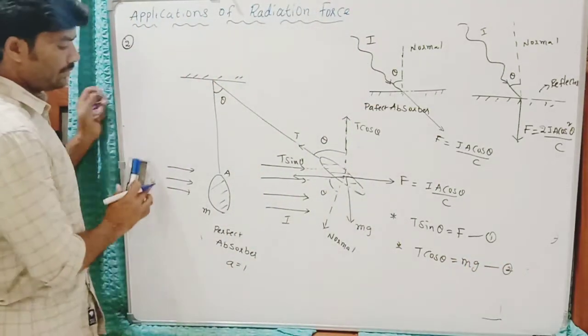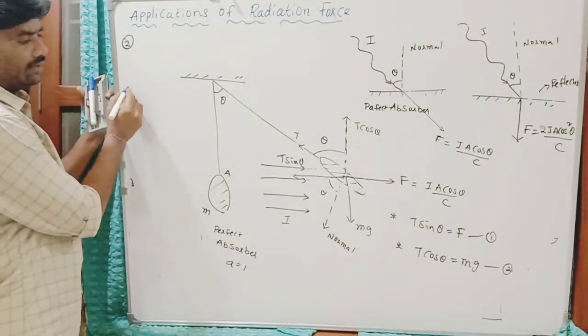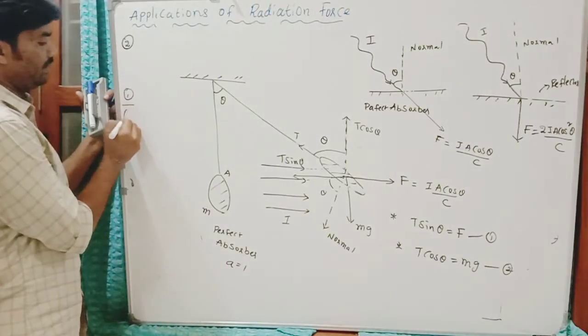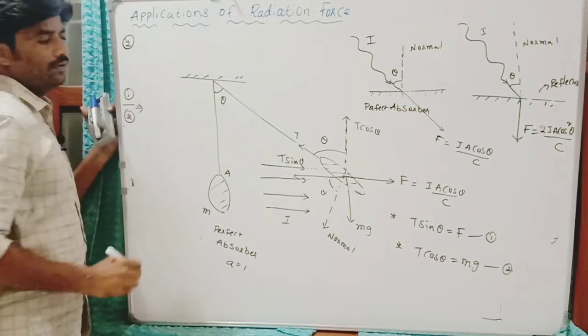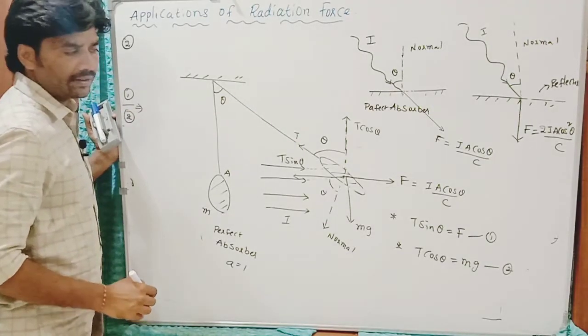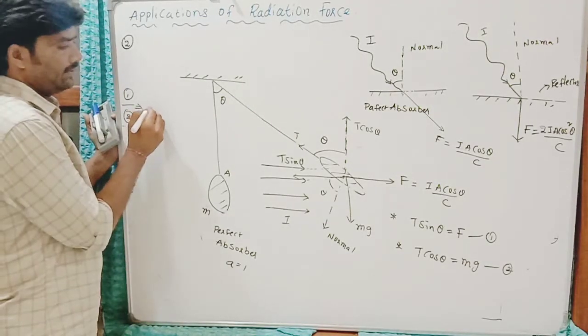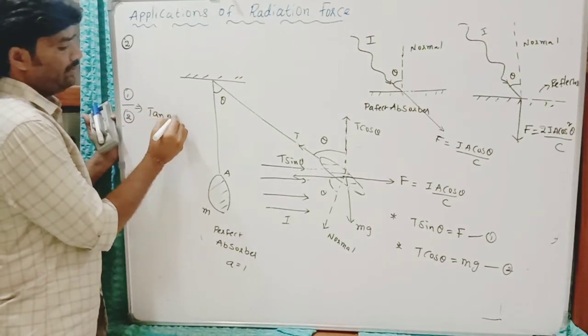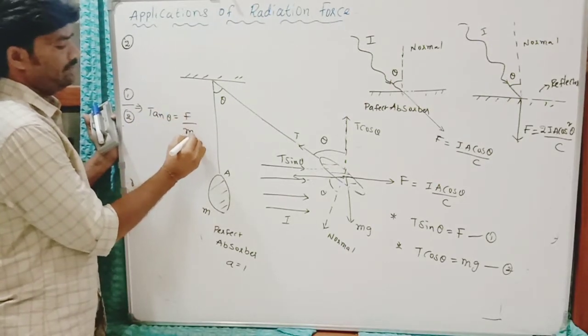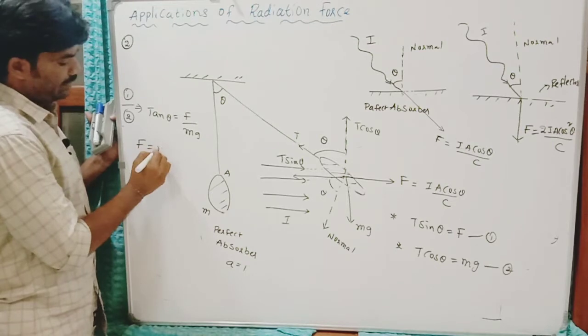If I divide equation 1 by equation 2, it implies tan theta is equal to F by mg. So F equals mg tan theta.